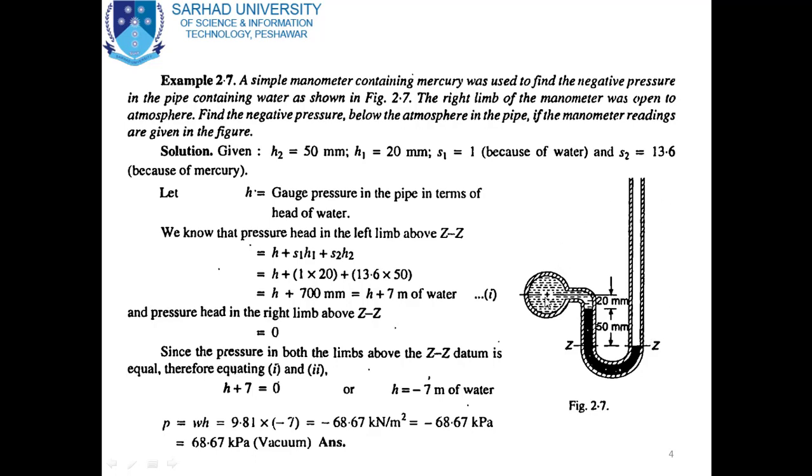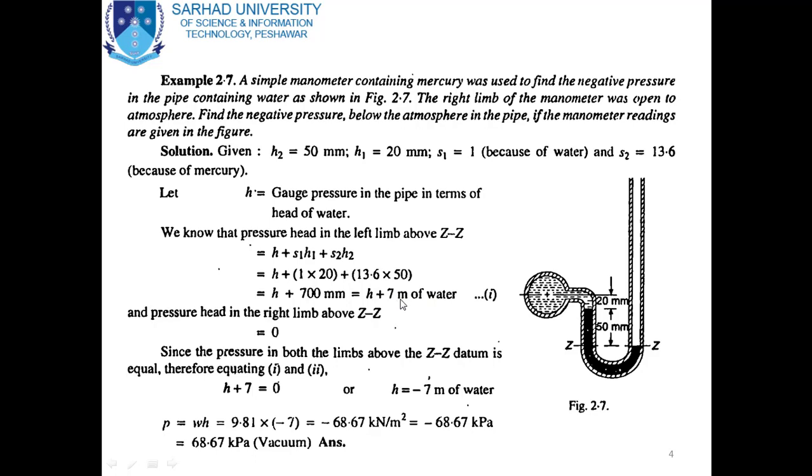So in the left limb we have pressure above the datum ZZ: pressure in the pipe, that is H, which is in terms of head of water, plus this pressure which is equal to S1H1, and then this pressure which is equal to S2H2. So putting the values of S1H1 and S2H2, we will get in equation 1, H plus 0.7 meter of water.